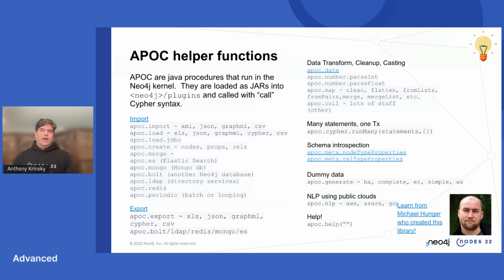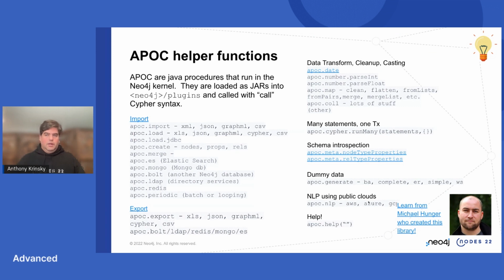To get out all that metadata, because we're a schemaless system, requires something like a select distinct on all of our data smartly in order to derive that metadata. So let us take care of that for you by using those functions. There are some dummy data generation functions that are really neat. There's a handler to NLP.